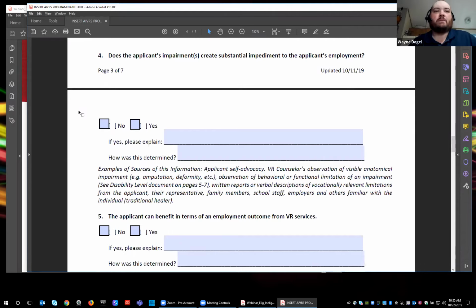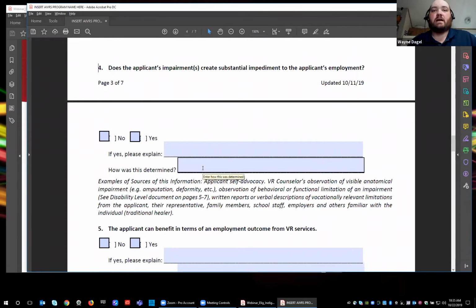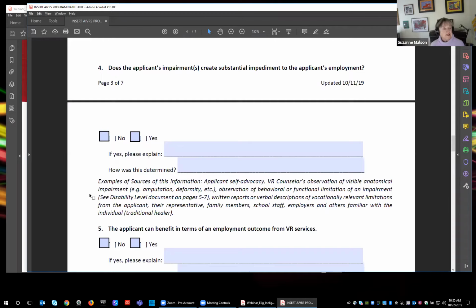Number 5, applicant. Oh, I skipped. How was this determined? Again, you go in and just write, I reviewed medical documentation, I reviewed whatever assessment, this is what it was. On this one, the other thing that needs to be considered is when an individual comes into your office, right there and then, for me, the eligibility process started.